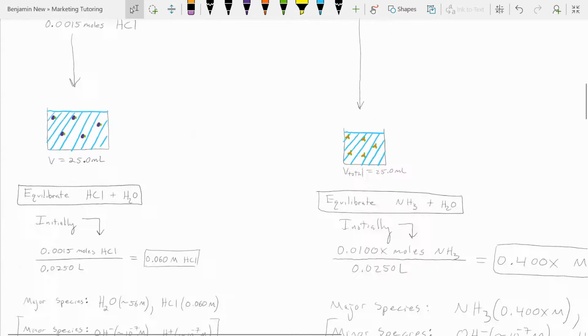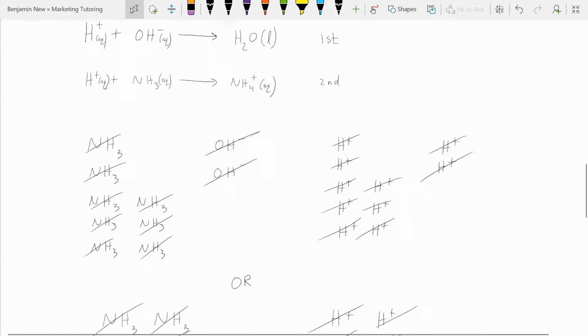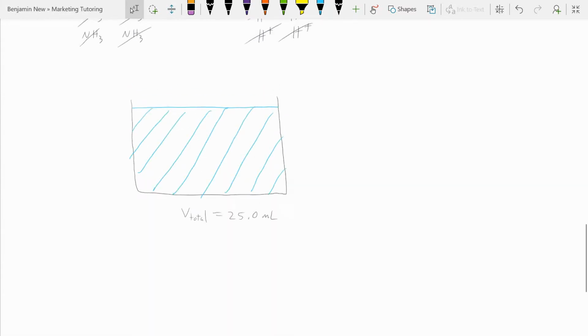Purple was Cl, orange was N. So we're going to have some Cl minus. Let's draw 5 of them.